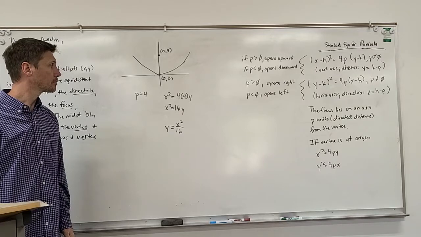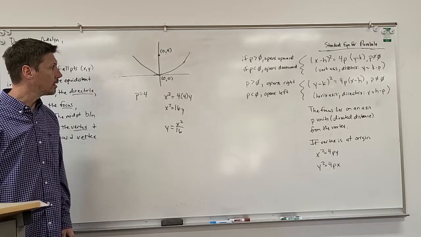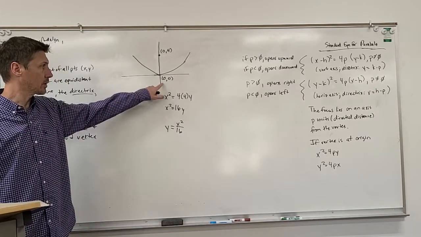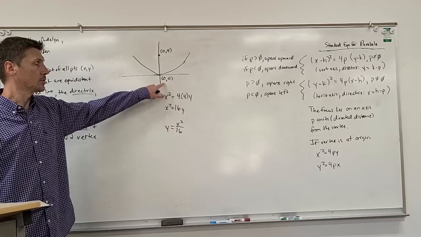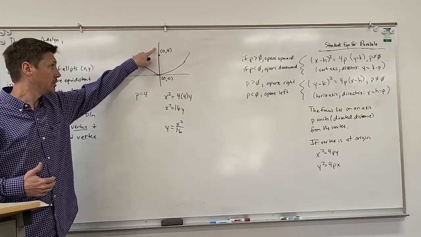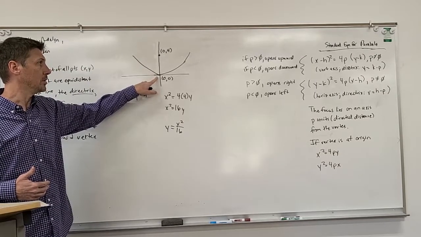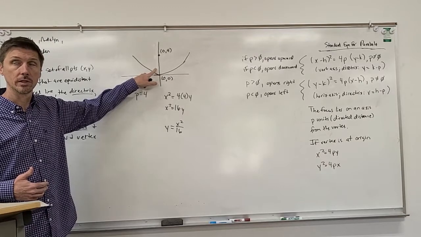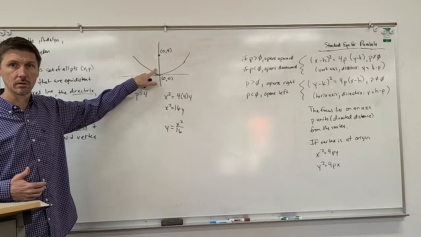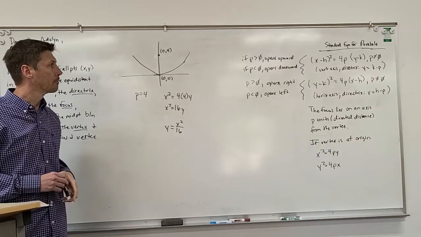If the parabola shifted up 1, would the focus then be 0, 1? If the parabola shifted up 1, then we would have to use this focus here. This focus here would be 0, 5. If it was this parabola, it would be 0, 5, and this would be 0, 1. Make sense? I thought the focus was always the same distance.